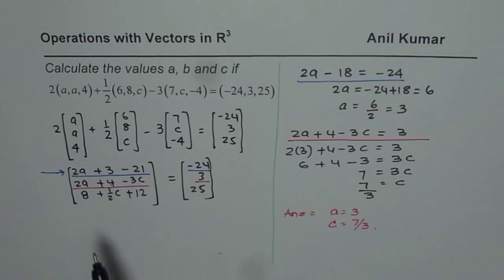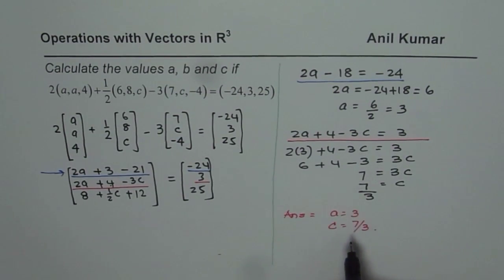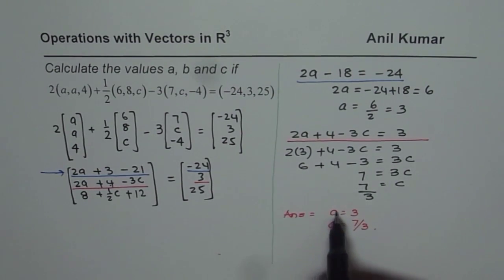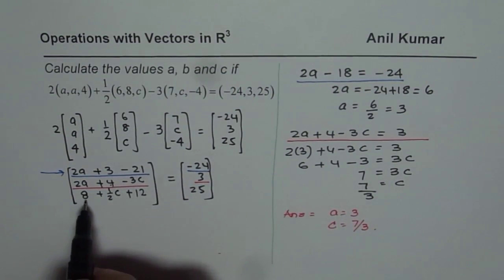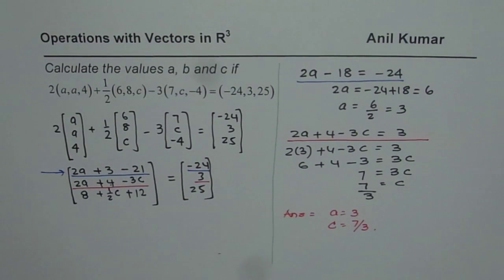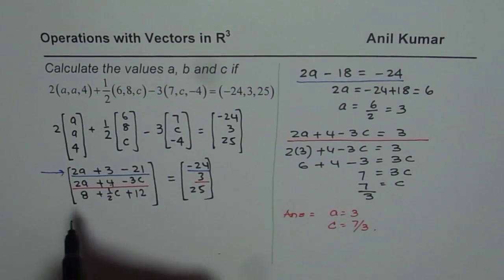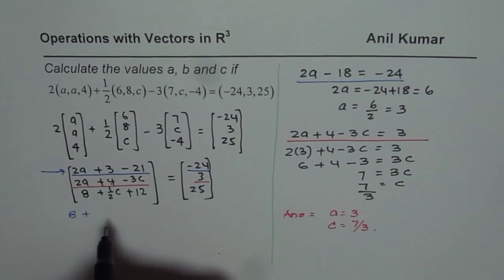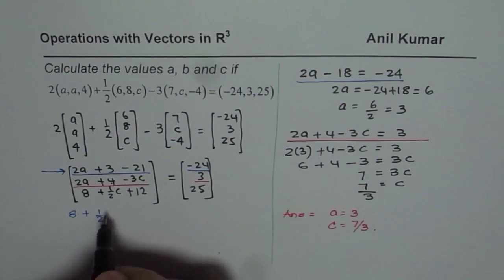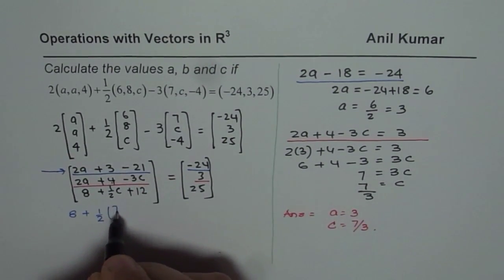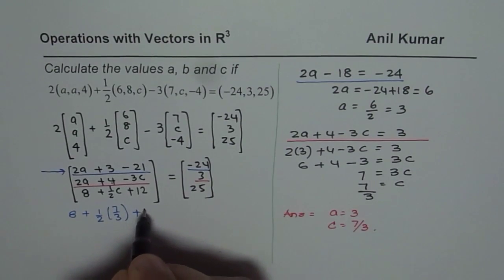So the way I have written the question, that is the solution for me, but we need to check the solution, or probably I copied the question wrong. So we have a as 3 and c as 7 over 3, and we have another row to go. So let us substitute these values and check. It is 8 plus half of c, which is half of 7 over 3, plus 12.